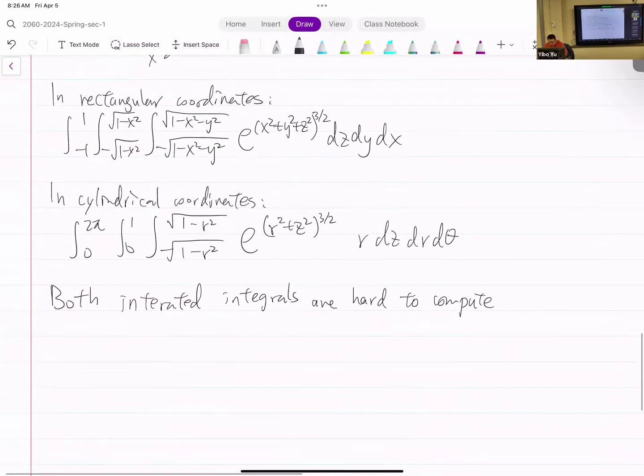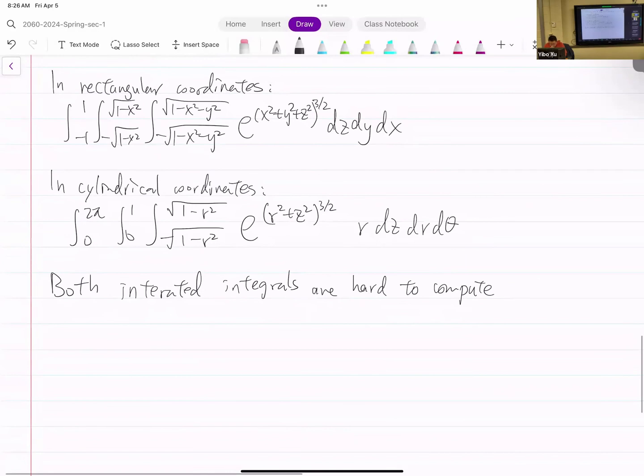Definitely here, one thing that we want to motivate is that when we talk about polar, we want to translate the sum of squares x squared plus y squared under a radical, right? Here we have x squared plus y squared plus z squared under a radical also, so this is to the 3/2.